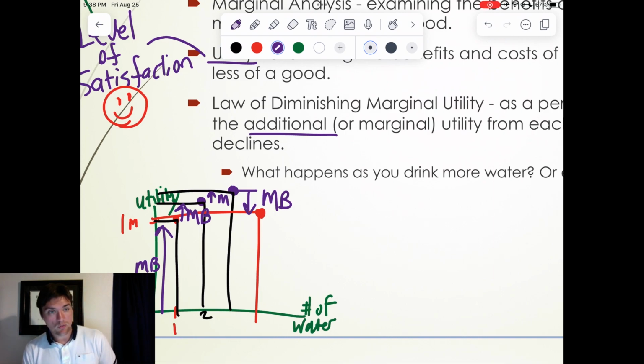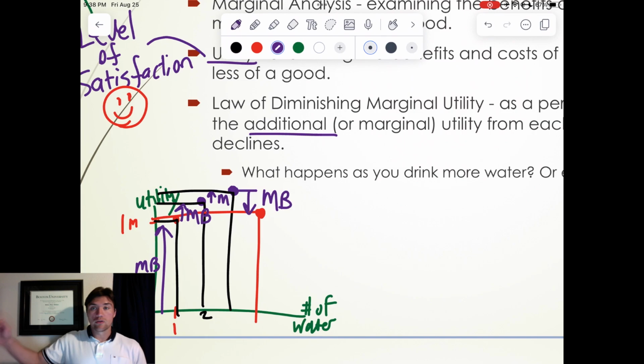The law of diminishing marginal utility starts as soon as the second one or the third one, as long as the next one gives me less marginal benefit than the previous one. That's where the diminishing starts.